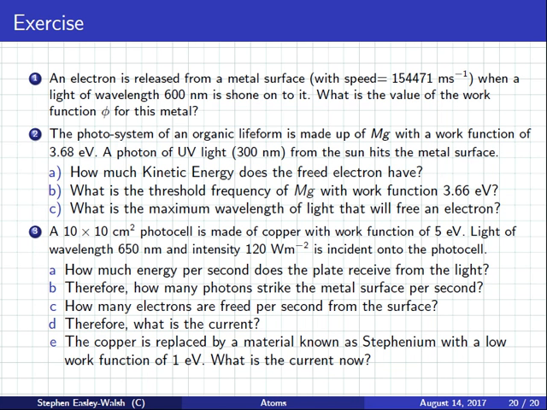Part 3 is an interesting question because the first part of it is you actually get to calculate how much energy a 10 by 10 centimeter solar panel made from copper would produce. So if you had a little 10 by 10 centimeter square of copper and you want to use that to make a solar panel, you can actually work out how much energy that is and what the current is.